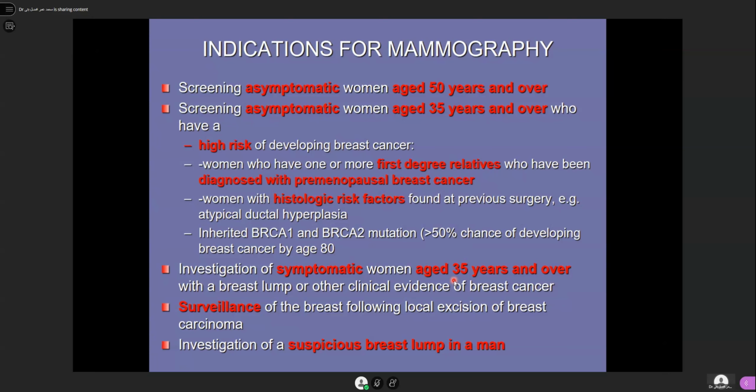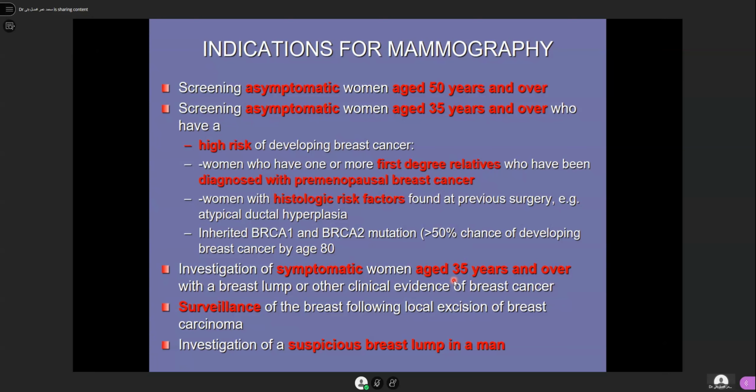So this is the reason we try to give radiation at an age at which the benefit is more, after 35 years of age. Second, anatomically there is more fibroglandular tissue in young females.